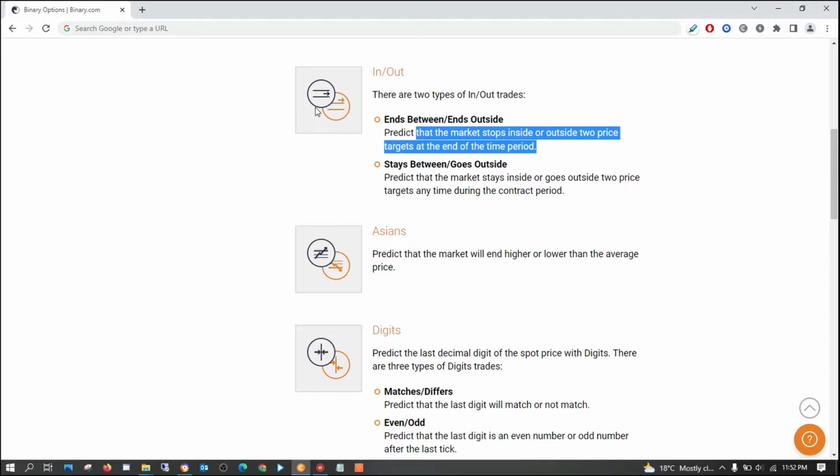If you predict that the market will stop inside, then you win your stake on ends between. But if you predict that the market will stop outside the two prices, then you win on ends outside. So that is ins and outs.